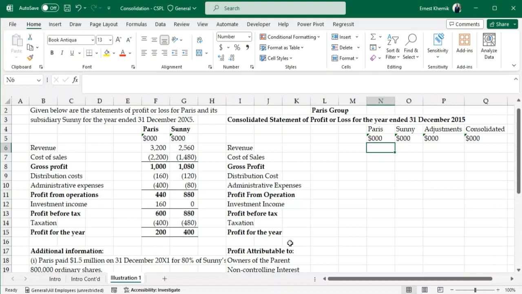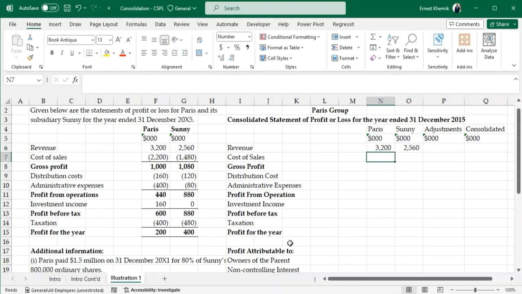So we are going to pick each of the financial statement items line by line, and we are going to sum them together. So we have our revenue for the parent 3,200, and for the subsidiary is 2,560.